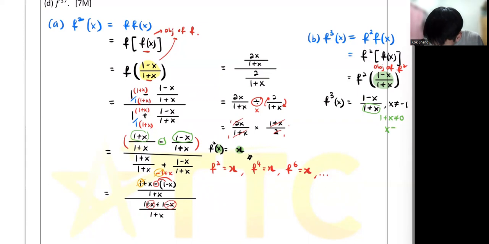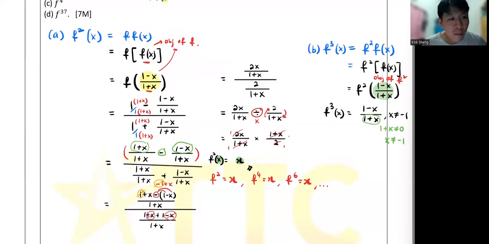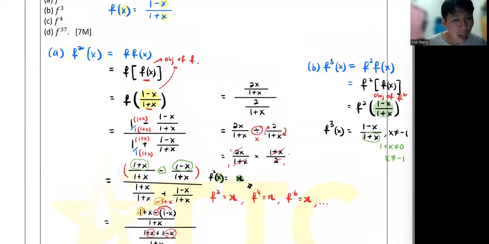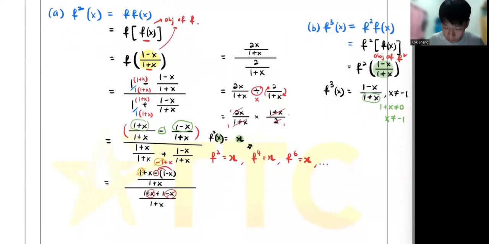So just do some working here. You should be able to get a number. When you have the object at the bottom, you need to state the number. If not, you're going to get 1 mark deducted. 1 mark, quite a lot actually. B done. Okay, now C, f to the 4.